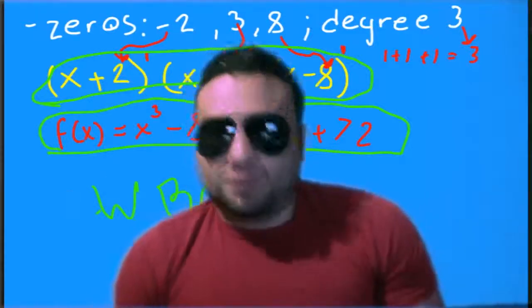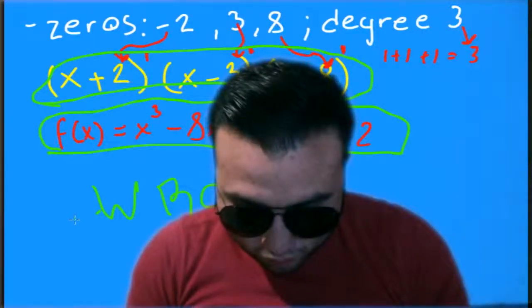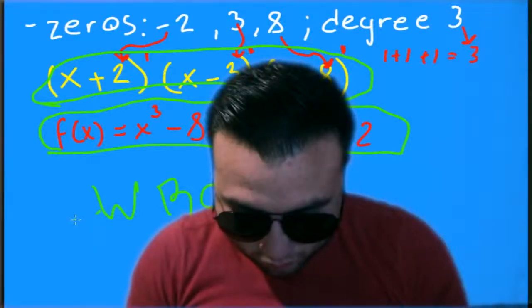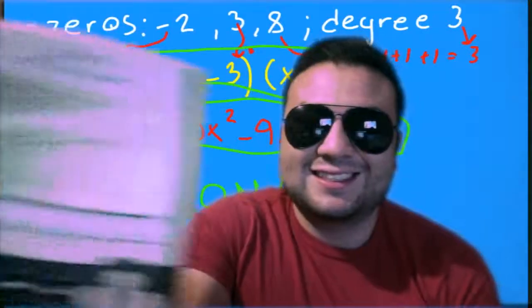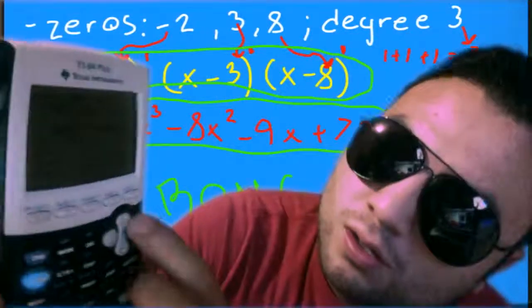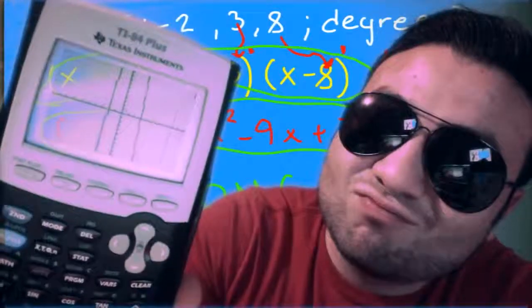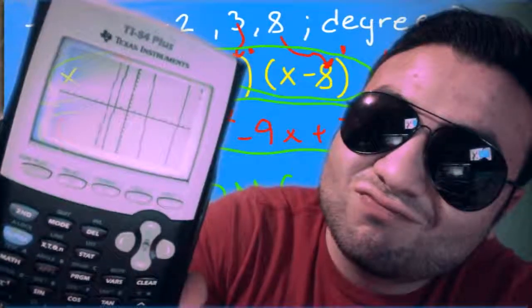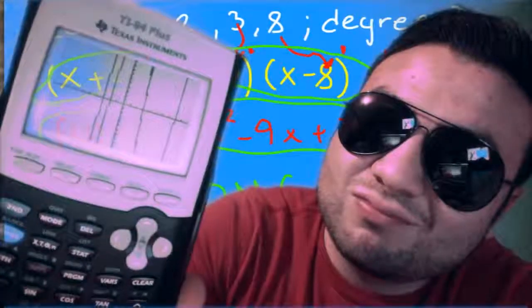So let's go ahead and plug it in. X cubed minus 8x squared minus 9x plus 72. Press graph. And there you have it. Didn't move at all. So that's your answer. And you didn't have to multiply or anything.